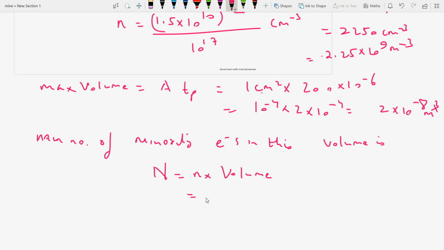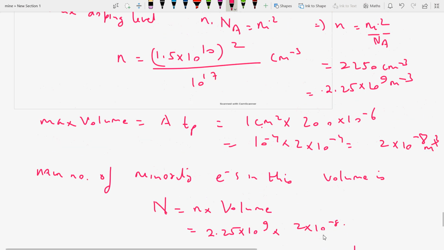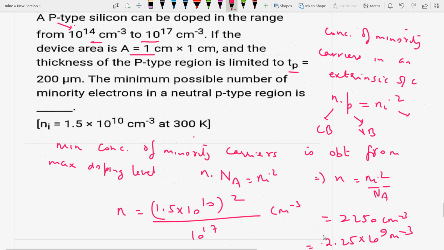So if you solve it, you are going to have 2.25 into 10 to the power 20. If I revise, this will be 2250 per centimeter cube, and you have to calculate it in meter cube.